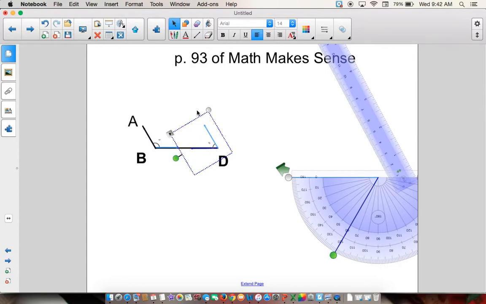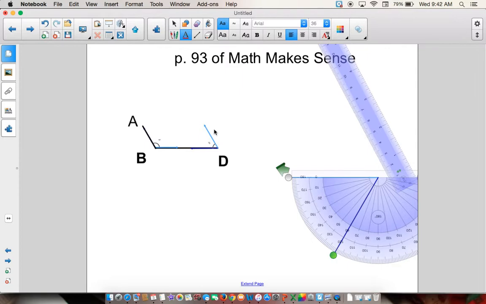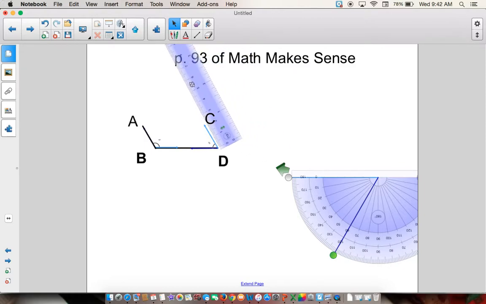So this is D, up here needs to be C. So let me put C and take my ruler again because I need 2 centimeters. Forgot my select tool. Go back, move. Put my 0 on the D point. Let me just move that a little bit so that it's the right place. 2 centimeters is starting from 0, 2 is right there. Good.